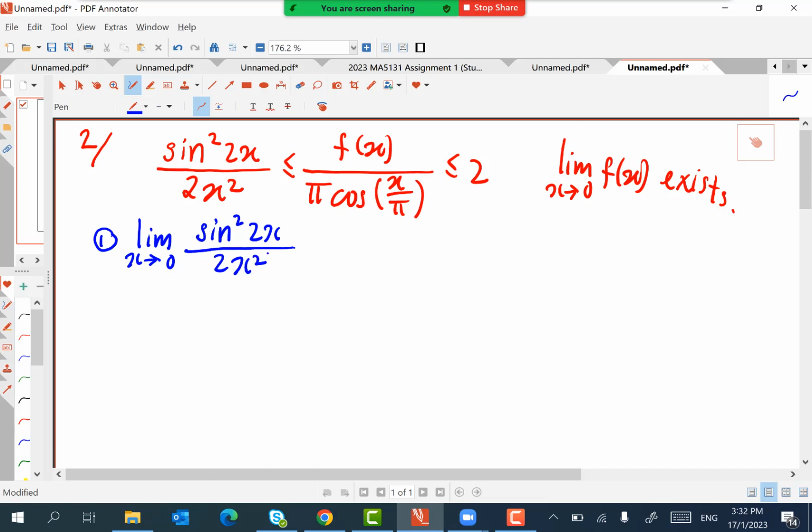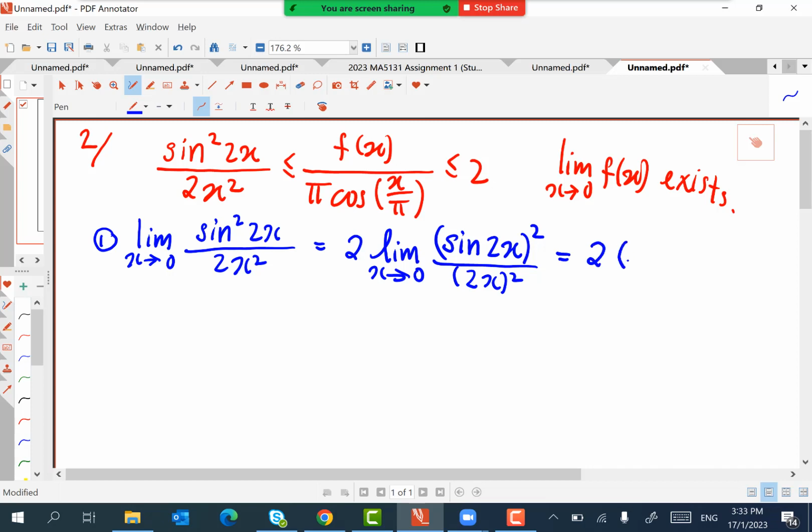So to calculate the first one, what you do is you can put in a 2, and then this gives you something.